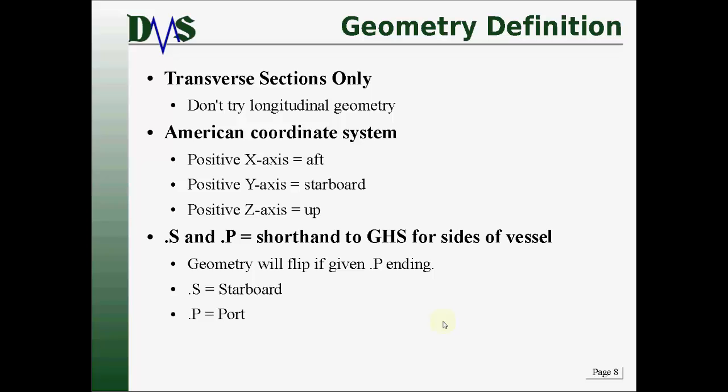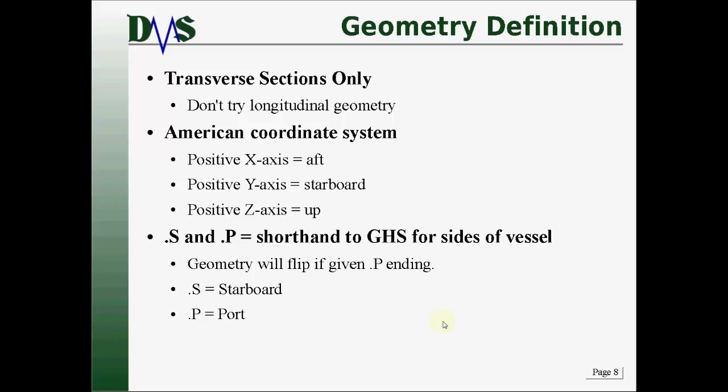Don't try to define longitudinal geometry in GHS. You might talk to some GHS gurus that will tell you it is possible. They'll also tell you it's very, very tricky. So unless you've been doing it for a while, don't try to define any longitudinal geometry by switching your coordinate systems or anything like that. And also, it's usually more trouble than it's worth.